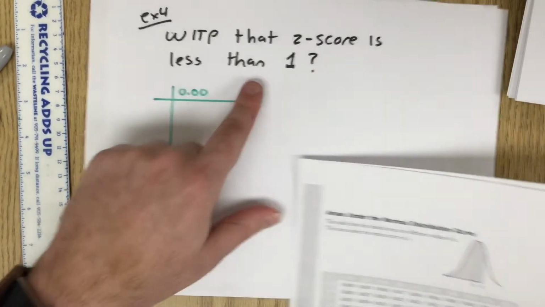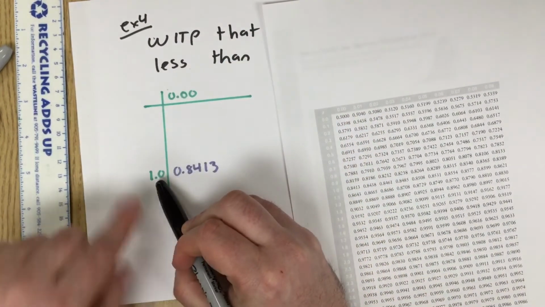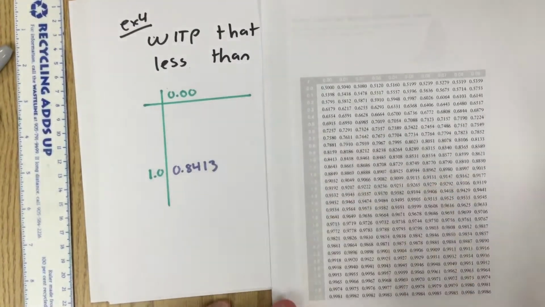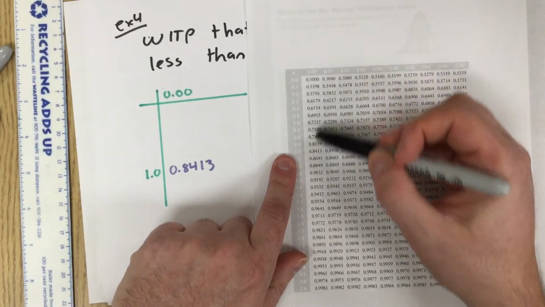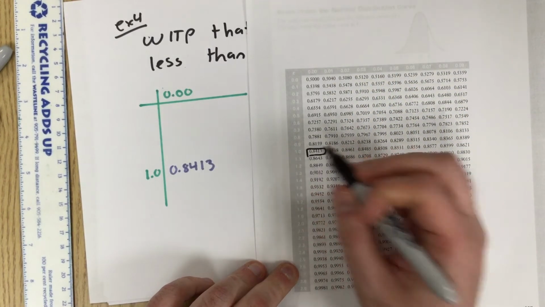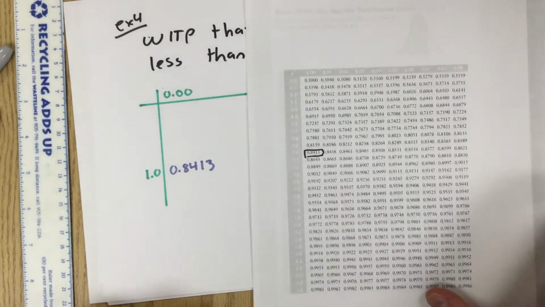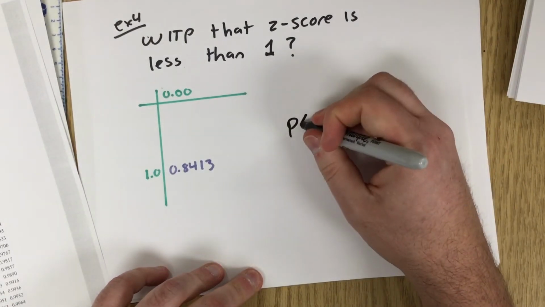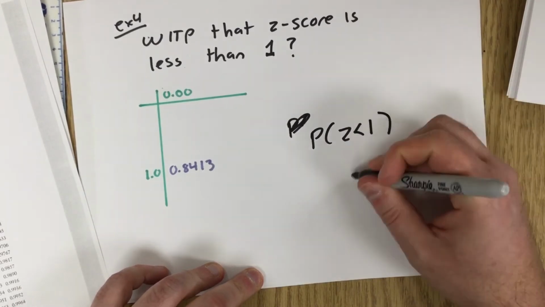So if we want the probability of less than 1, we look up 1 on the left side, and then we want the 100th digit to be 0. And I've already kind of given the answer, but let's see if we see it over there. There's the 1, there's the 0, and then here we have the 0.8413. And so the probability of z being less than 1 is going to be equal to 0.8413.